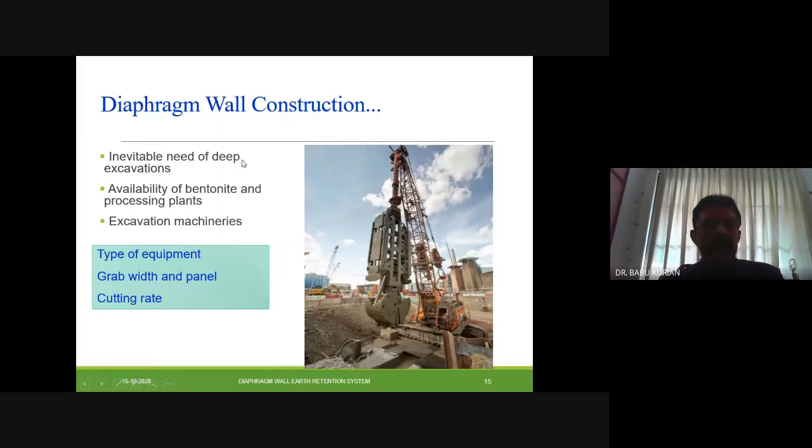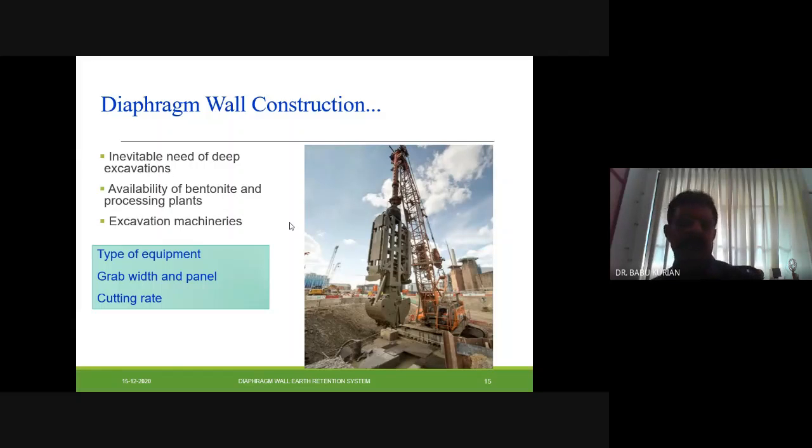And the construction is easy because of the availability of bentonite and the processing plants. If we want to do the construction of the diaphragm wall at a particular site, near to that site, we can install a plant for bentonite. And the excavation machineries are also available.